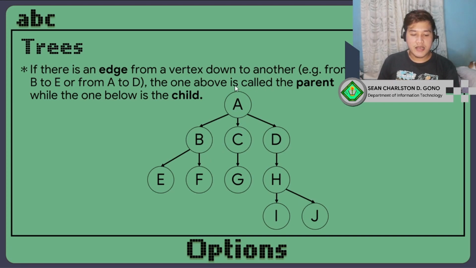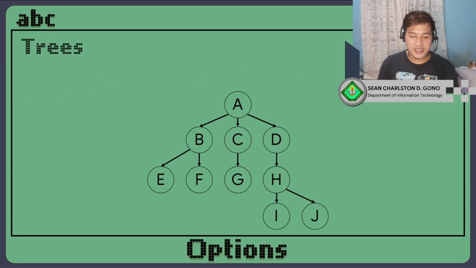For example, A is the parent of B, C, D, and B, C, D are the children of A, but B is also a parent of E and F, C is also a parent of G, and D is also a parent of H. So those are the relationships that we have in trees.